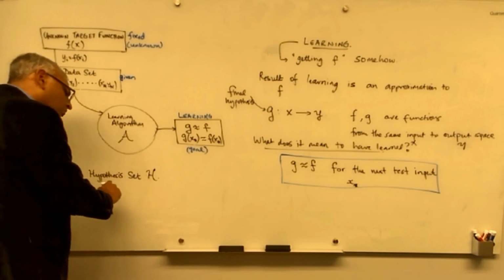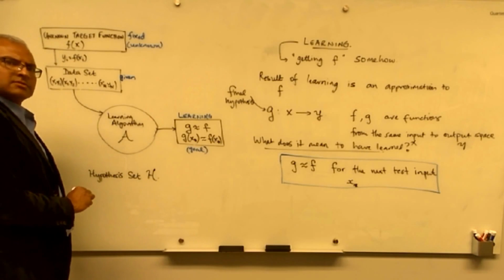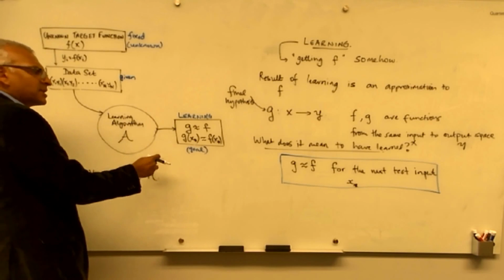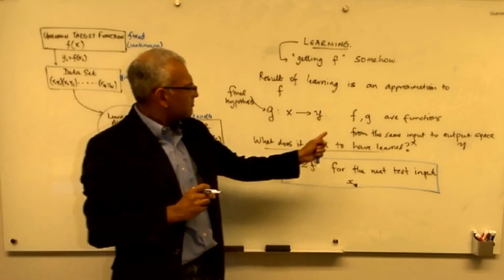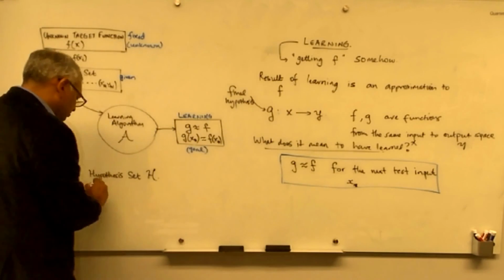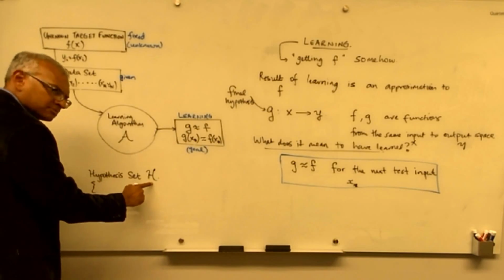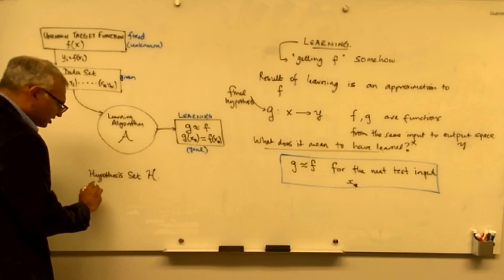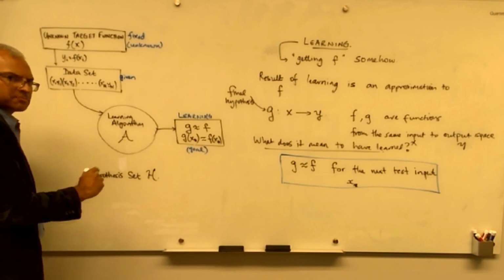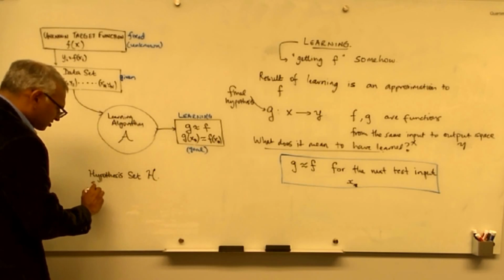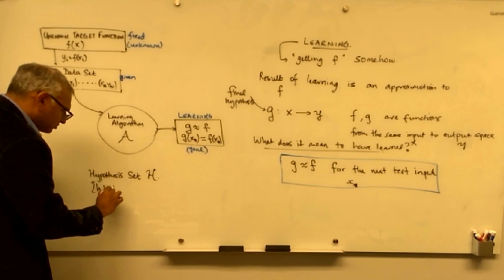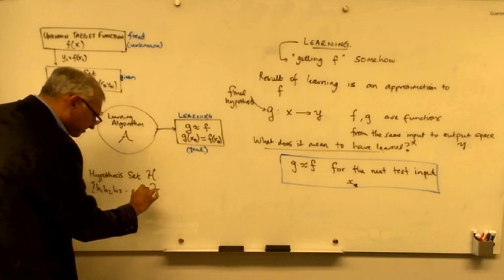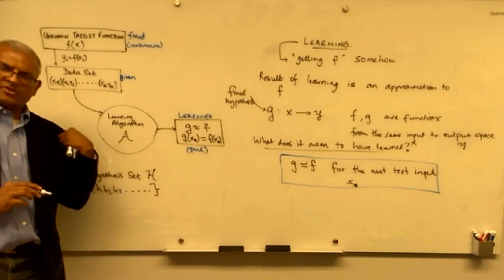It's a whole bunch of functions that live in the same space as F, that map X to 1. So let's call that set of functions script H. And just for convenience, I'll imagine that it's a listable set, but it may not be. It consists of the hypotheses H1, H2, H3, and so on. So it's a set of hypotheses.